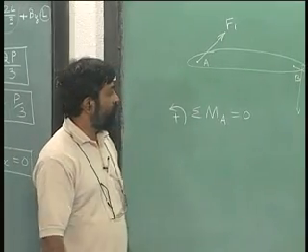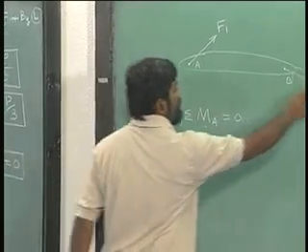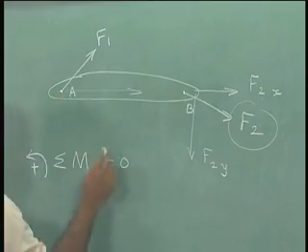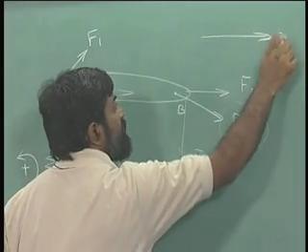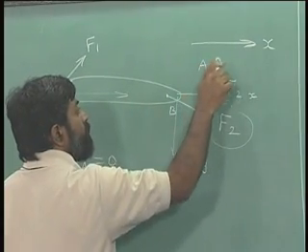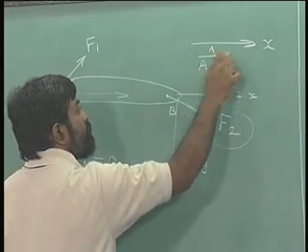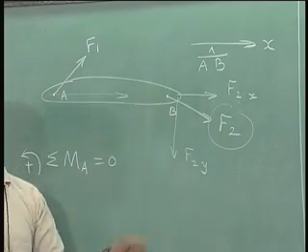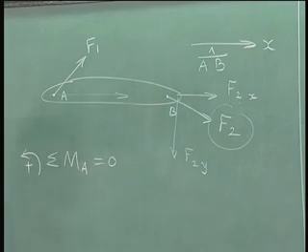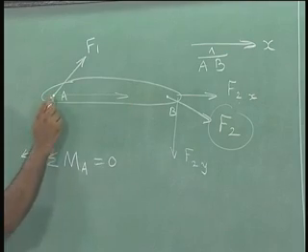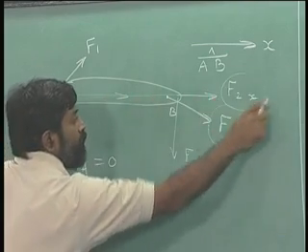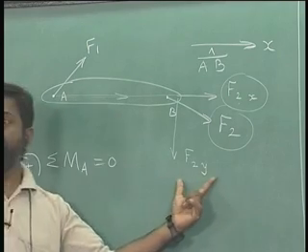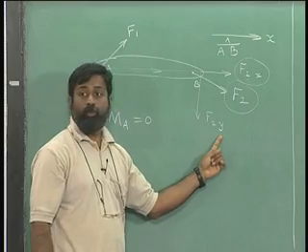Since x is along this direction, if x were along AB, if I take AB and set that to be x direction, then if I take moment about this, F2x will not take part in the moment. The only force that will take part in the moment is F2y.